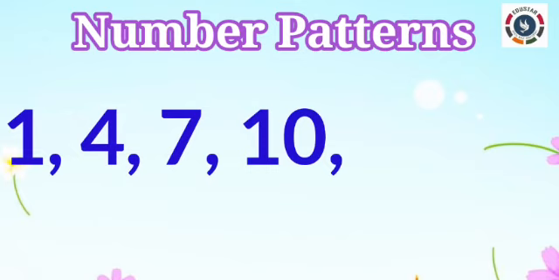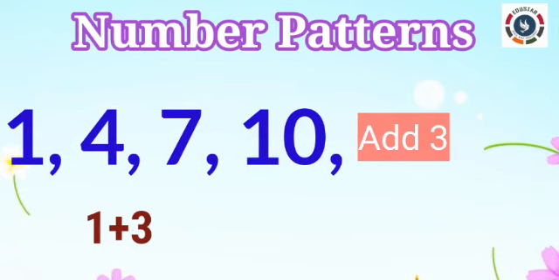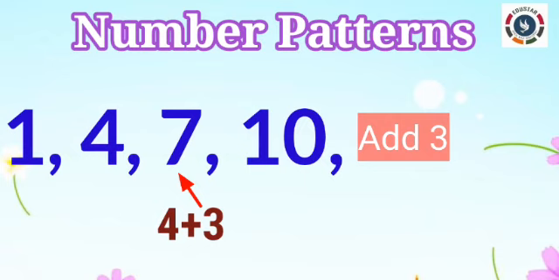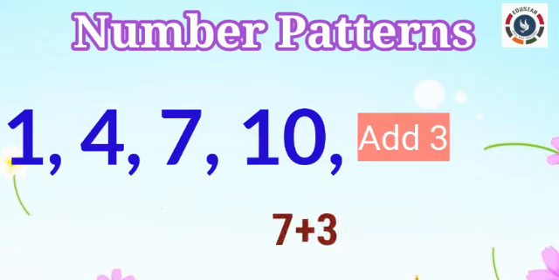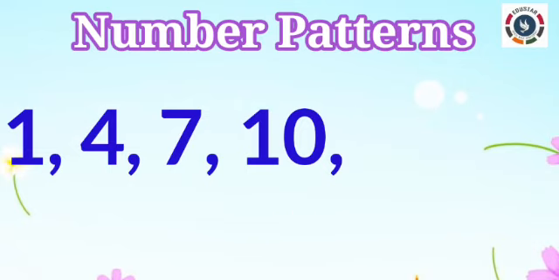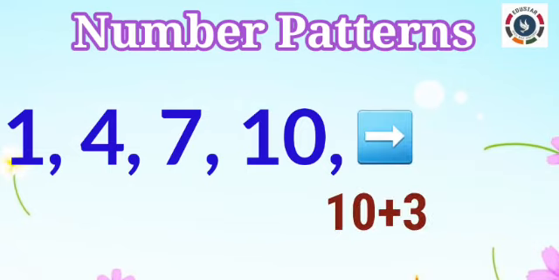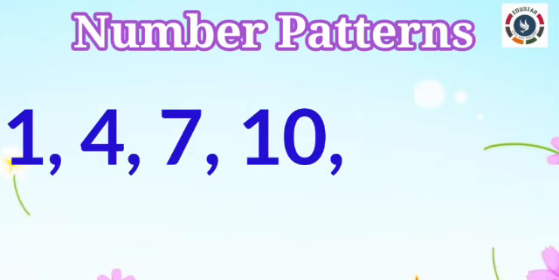To get the next number, add 3 because 1 plus 3 is equal to 4. 4 plus 3 is equal to 7. 7 plus 3 is equal to 10. So, to get the next number, add 3 to 10. The answer is 13.